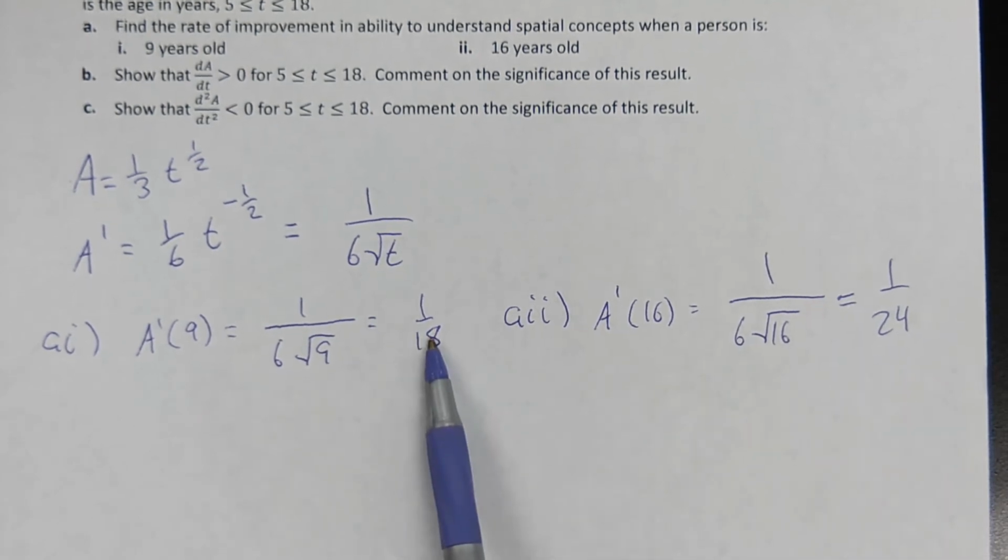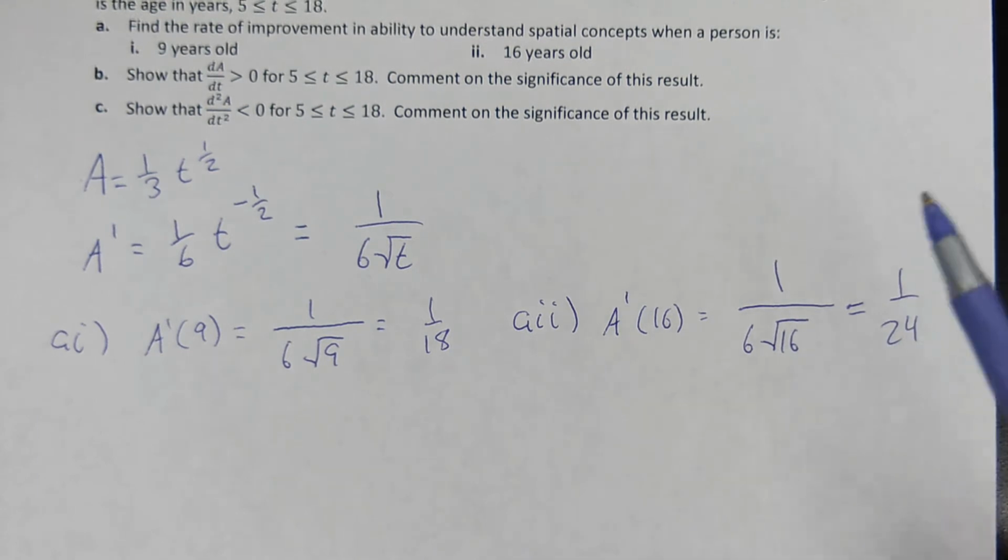This rate is slowing down as we get closer to 18. This would imply that the younger the brain, the faster the rate of improvement is. You can't teach an old dog new tricks, kind of thing. Yeah, we can. Okay, so that's what this is talking about.